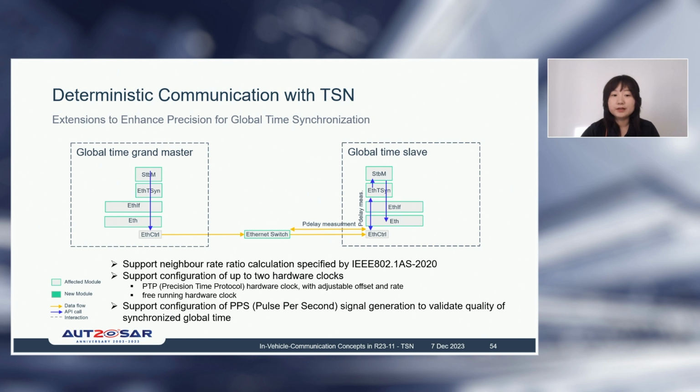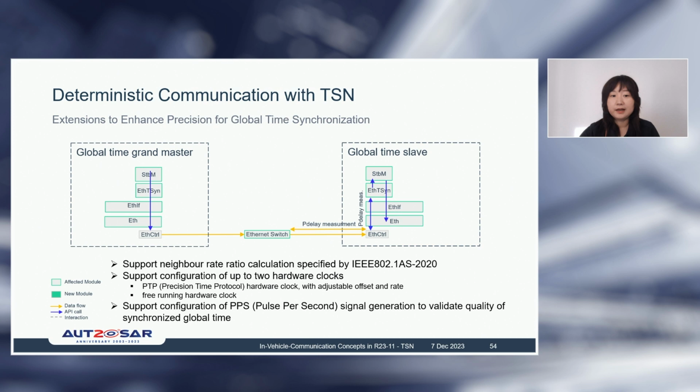We all know that Ethernet communication is non-deterministic communication, but for some scenarios like audio-video streaming, like sensor fusion, or some other time-critical applications, you do need deterministic communication for such latency-critical communication, even also for big data transfer.